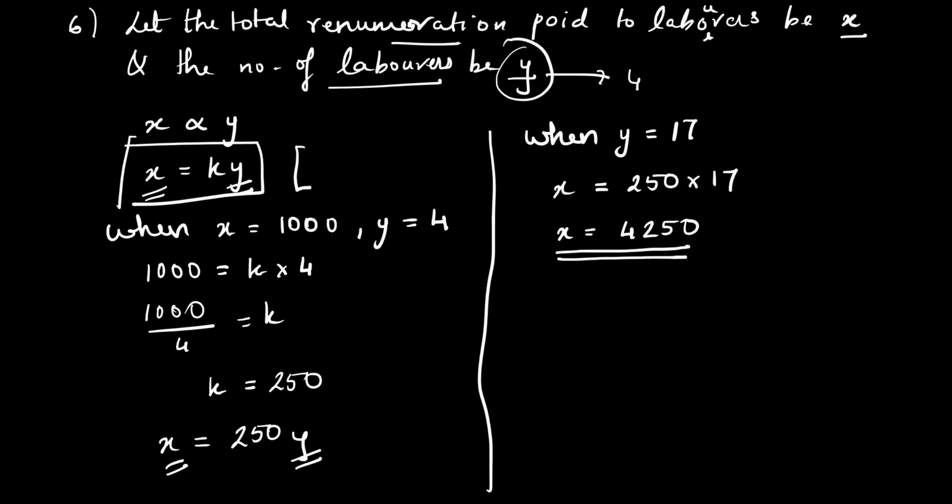What do you think should be the final answer? The total remuneration paid to 17 laborers is rupees 4,250. Very good. Thank you, Omkar.